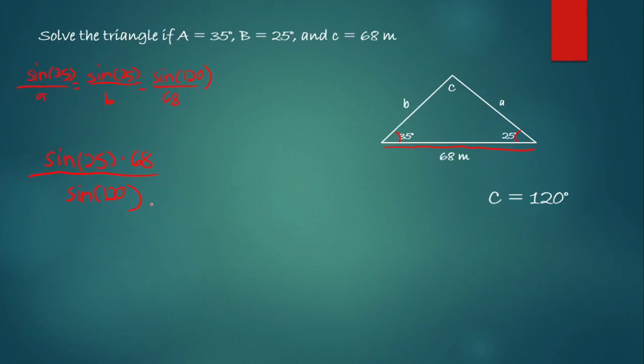If we calculate this using a calculator, we would result to 33.18383 and so on. If we round this off to the nearest hundredths, we get side B equals 33.18 meters.